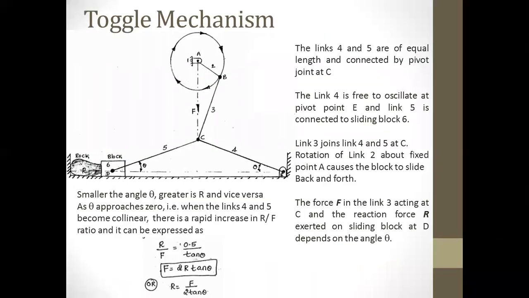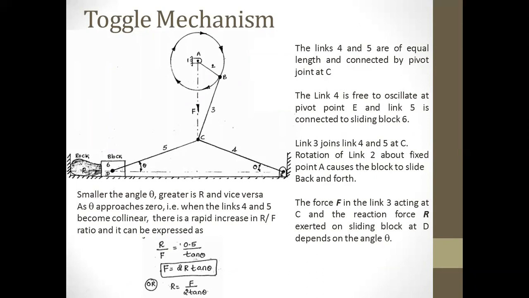Here you can see link number 4 and 5 are of equal length and are connected by a pivot joint at C. Link 4 and link 5 are connected at point C, and they are of equal length.